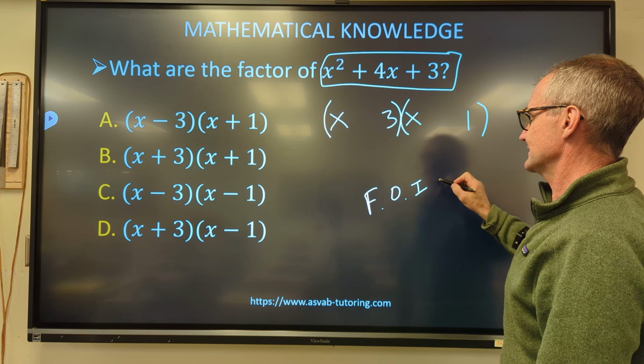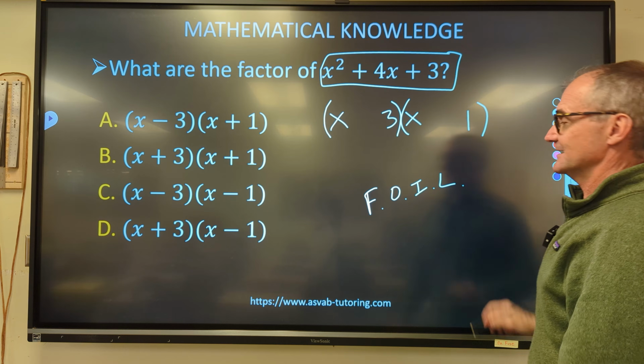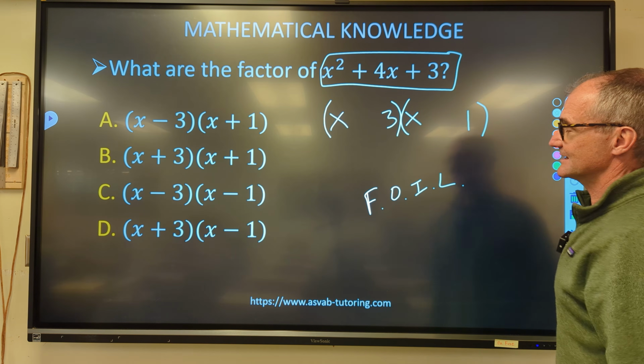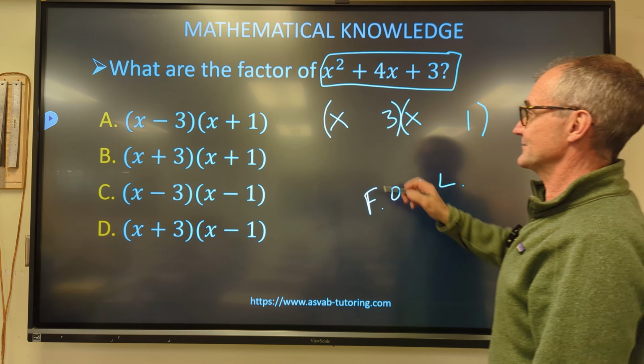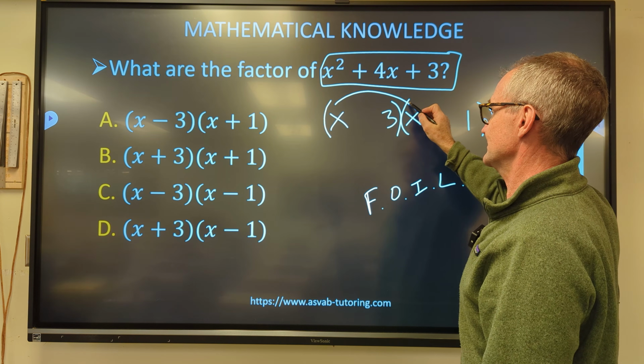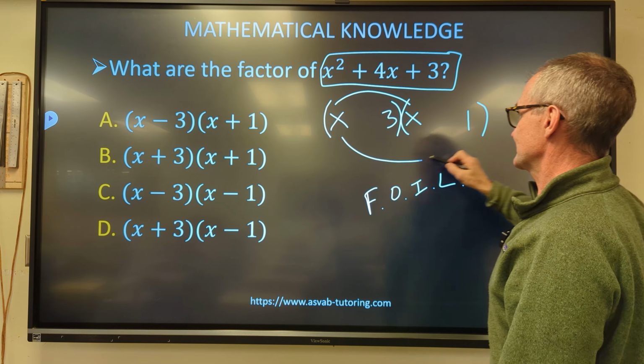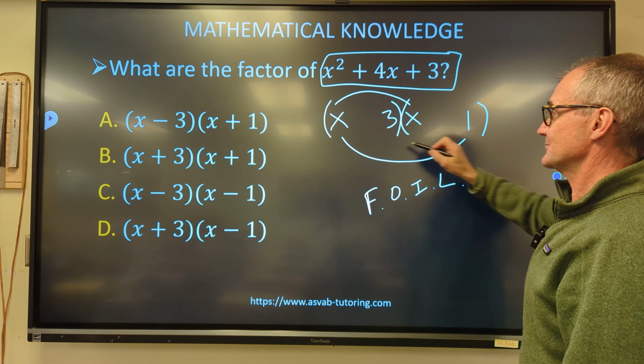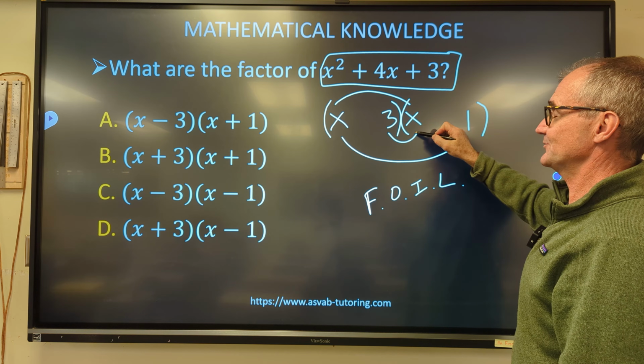First, outer, inner, last. And then I'll explain how I get my signs here. So I multiply my first terms together to get x squared, my outer terms together to get x, my inner terms together to get 3x.